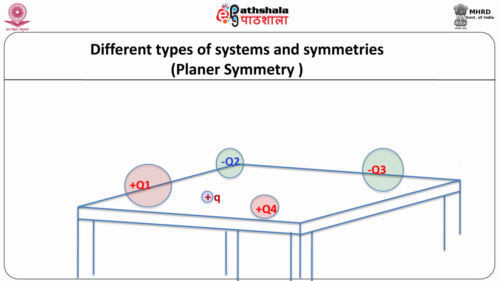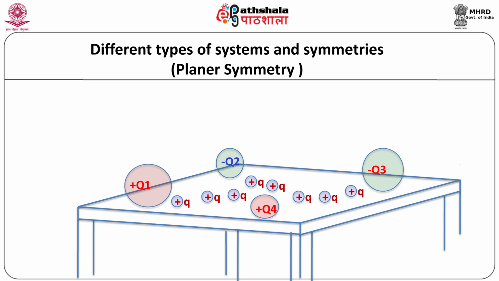Let us see. Observe the motion. Thus, the overall motion of the tiny charge will take place somewhat like this. Needless to mention, all these examples bear planar symmetry. The motion is in the plane.